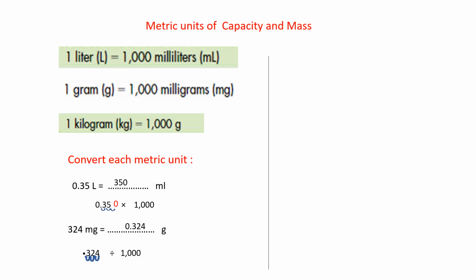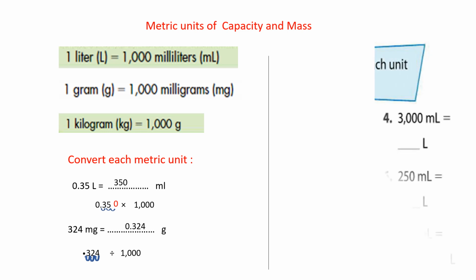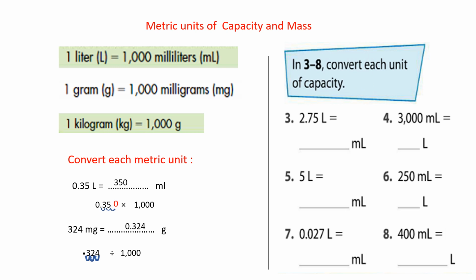Let's take many questions about what we took now. If I said convert each unit of capacity, so 2.75 liters to milliliters. Now from liter to milliliter, what will I do? Multiply by 1000. So when I'm multiplying by 1000, I move the decimal point to the right.